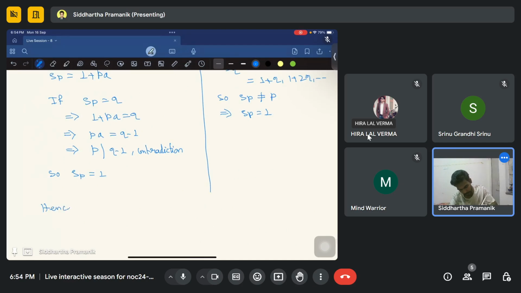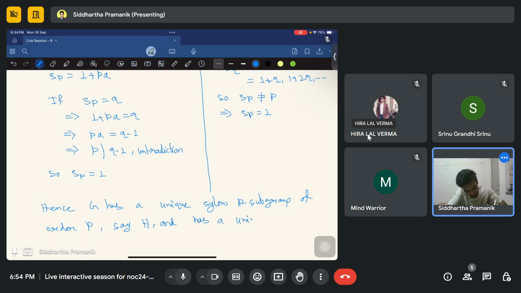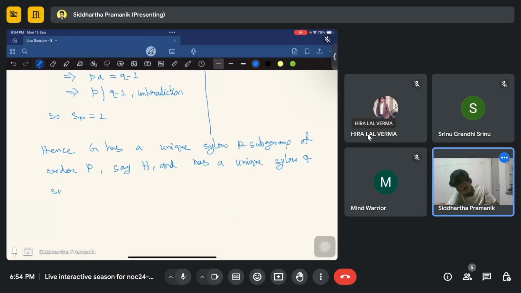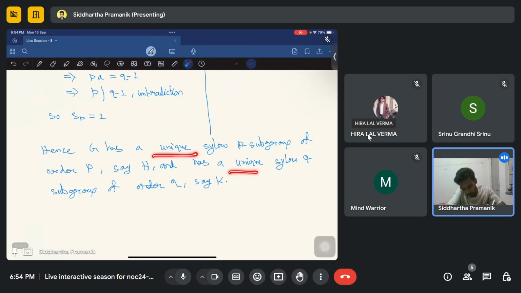So G has a unique Sylow p-subgroup of order p, let's say H, and has a unique Sylow q-subgroup of order q, let's say K. Since they are unique, they are normal.